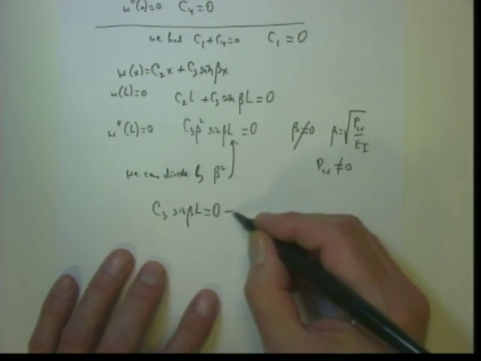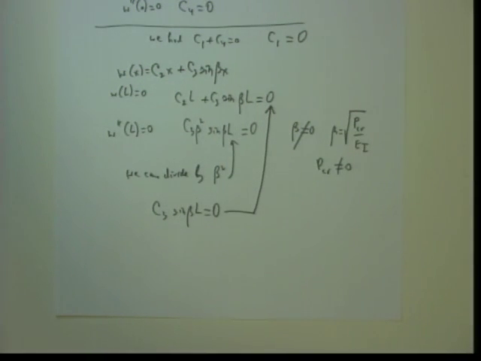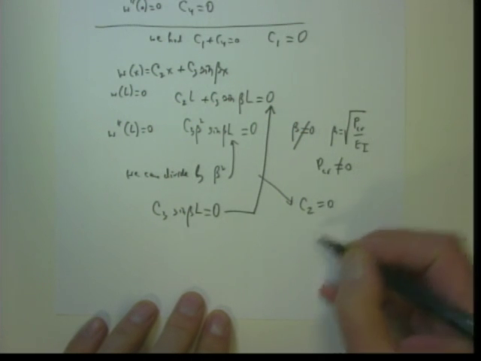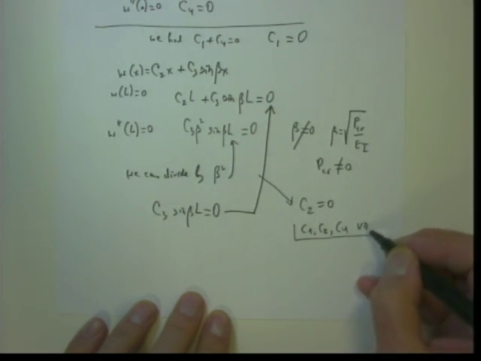We substitute this into the previous equation, so we get C2 equals 0. So that means that C1, C2, C4 equal 0. They vanish.